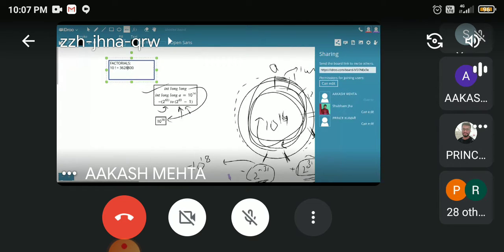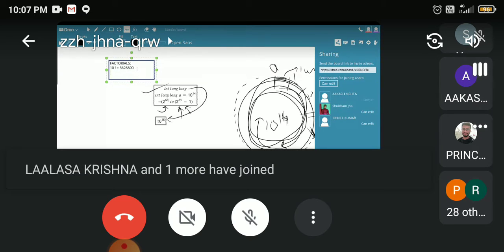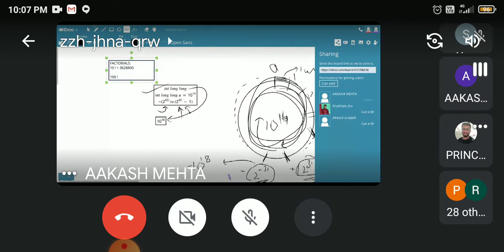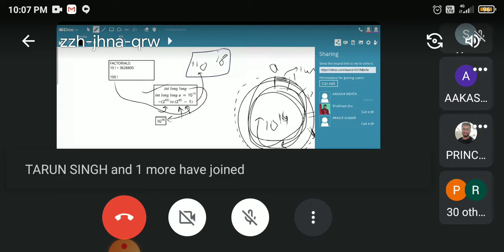So see, 10 factorial is so large, you can imagine 100 factorial will be greater than this range. This 2 to the power 63 is around 10 to the power 18 or 10 to the power 19, so 100 factorial will actually be larger than this.